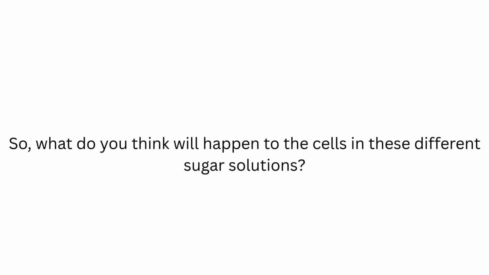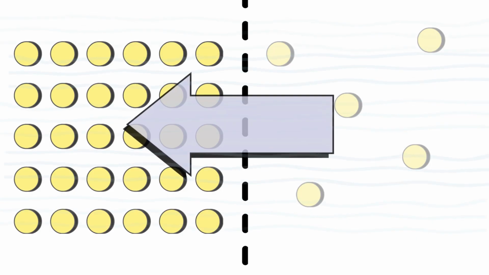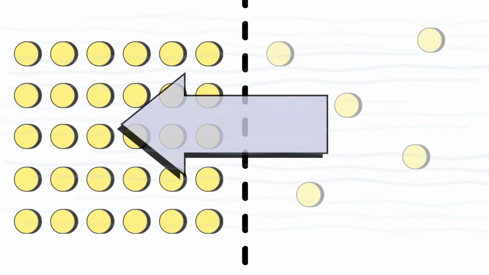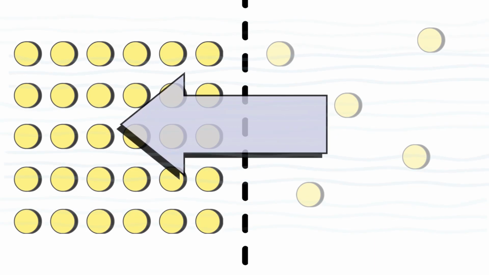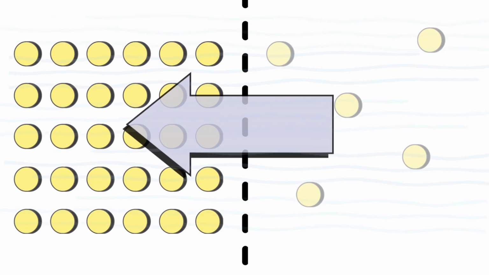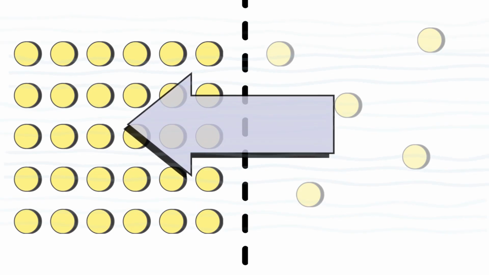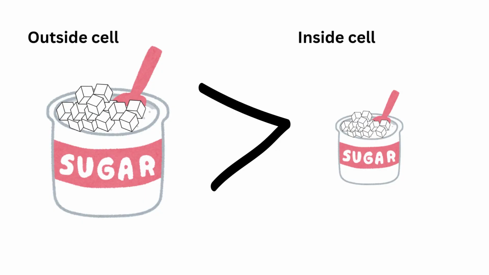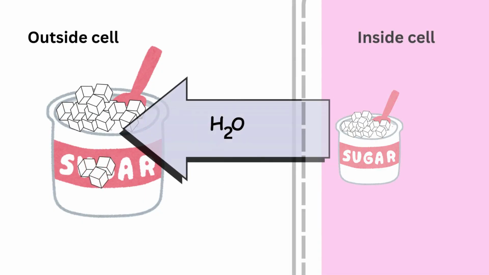If you know osmosis, the idea is simple. Water always moves from where it's less concentrated with solute, which is more watery, to where it's more concentrated with solutes, which is less watery. So, if there's more sugar outside the cell, water will move out of the cell, from the vacuole through the cell membrane into the sugar solution.